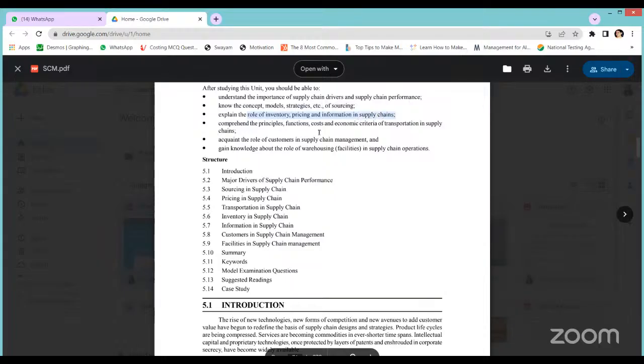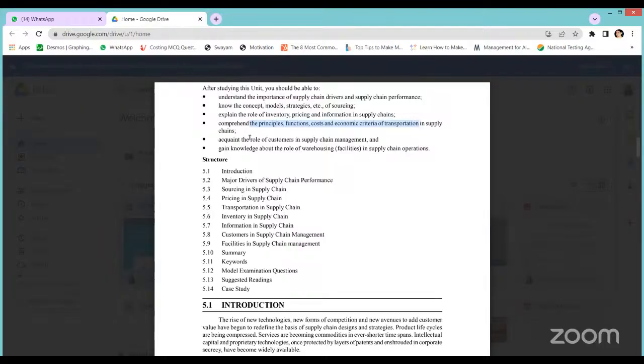These are all drivers actually. Then the principles, functions, cost and economic criteria of transportation in supply chains. Then the role of customers, which is more important in supply chain management, and the role of warehousing in supply chain operations. These topics carry more weightage in preparation.